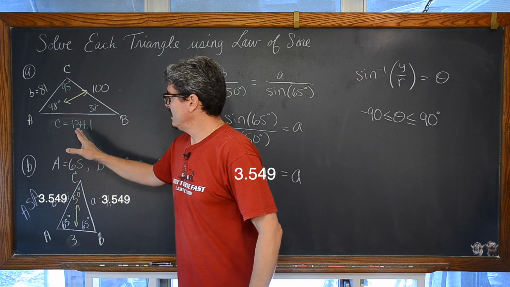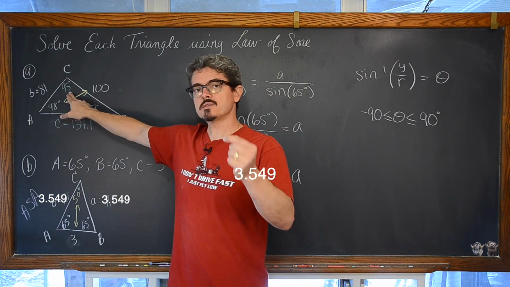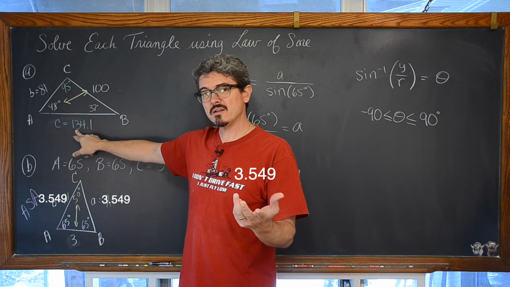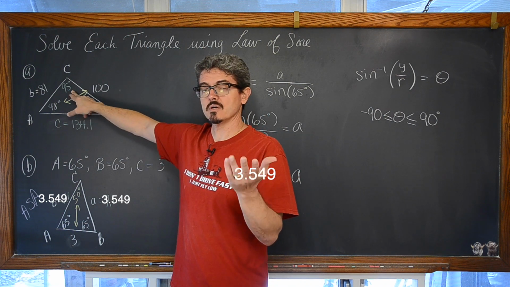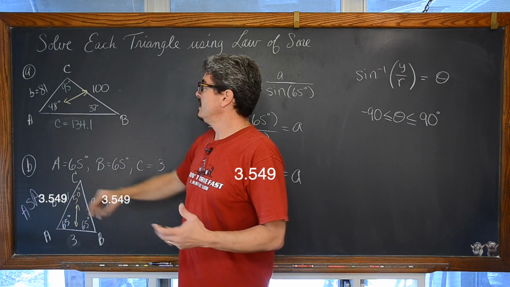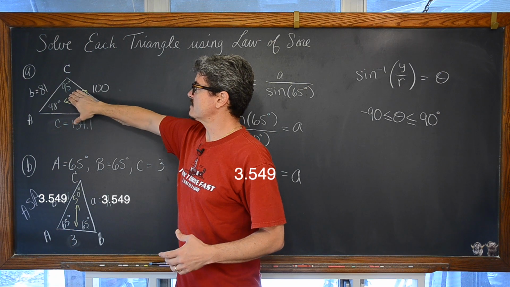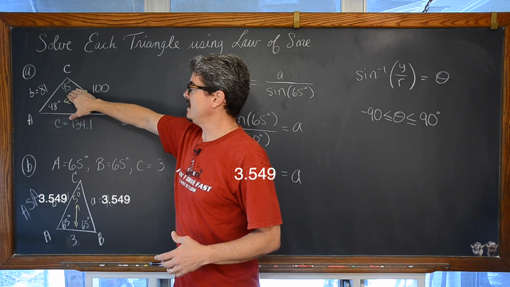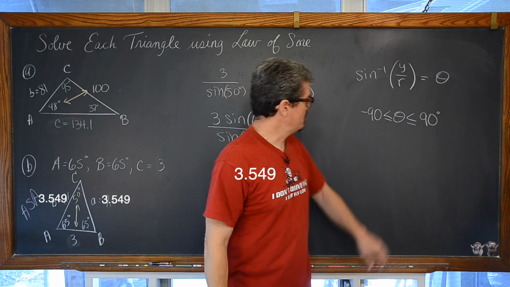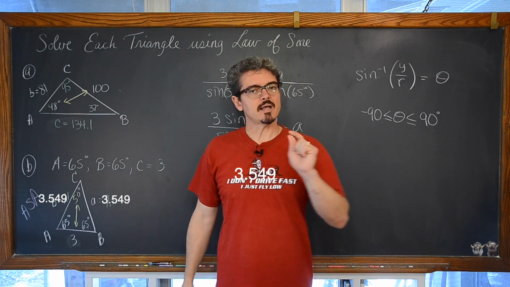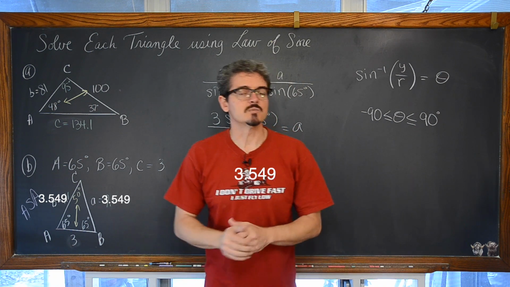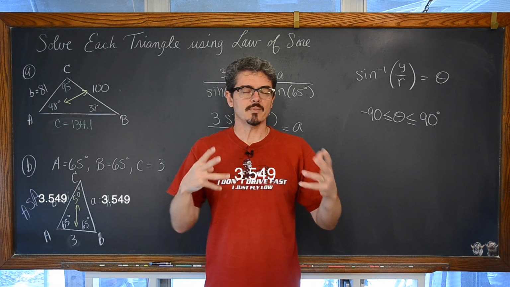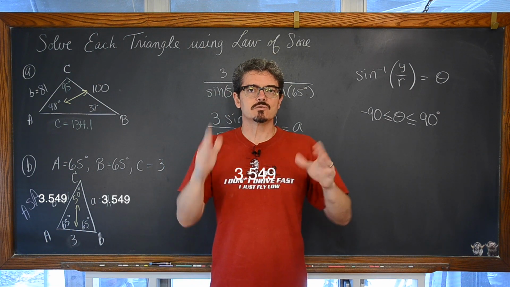sine. So if you were to try and find this angle that's opposite the largest side of this triangle, which we can see here was an obtuse angle, if you were to use law of sine to find that missing angle of C, the calculator would not be able to tell you that it was 95 degrees. It would actually tell you that it's 85 degrees because the sine function is symmetric to the y-axis.